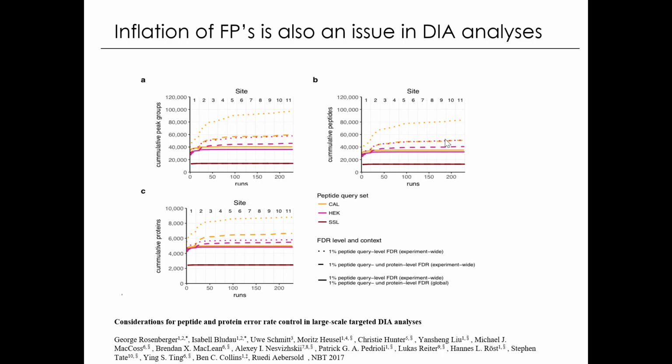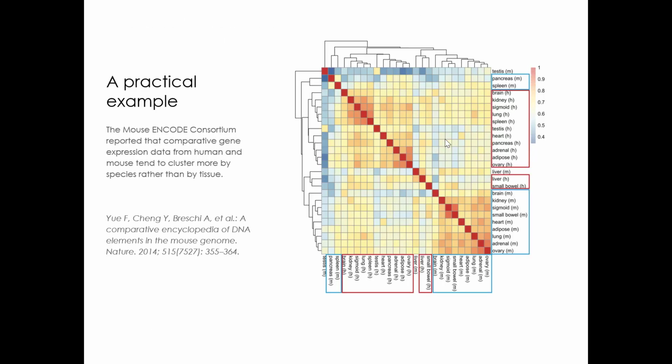I don't know whether this is going to be discussed in the course. The other trap is batch effects, and here I show an example that someone in our group unearthed. It's an interesting example. This is the mouse ENCODE consortium. They measured gene expression data and compared it.